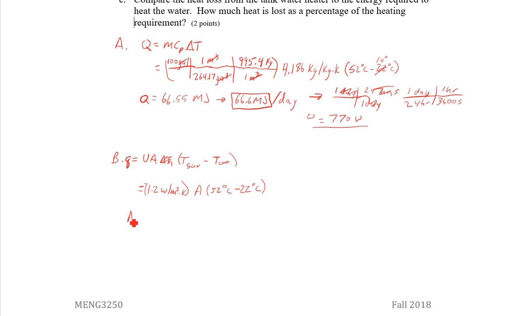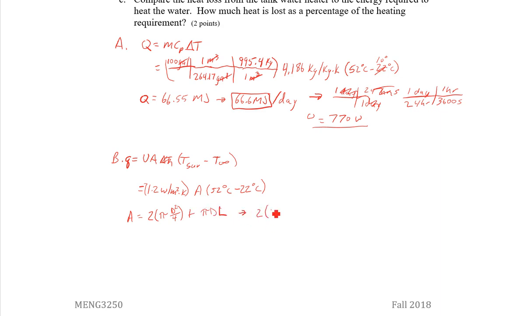Our area for this tank, we're going to have the top and the bottom, so 2 times pi d squared over 4, plus the perimeter, which is pi d, multiplied by our height, which is L. So all of that goes in here.